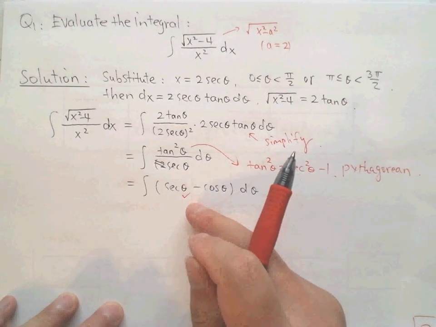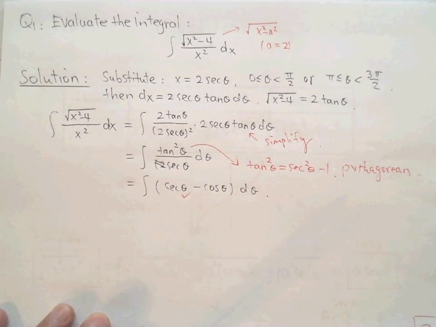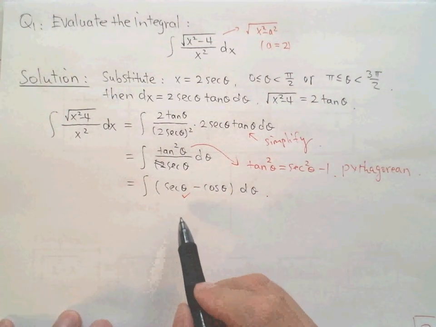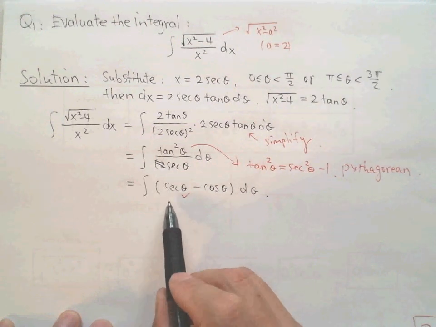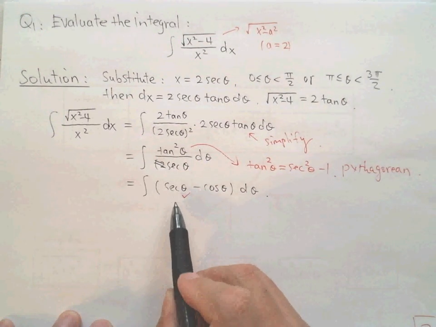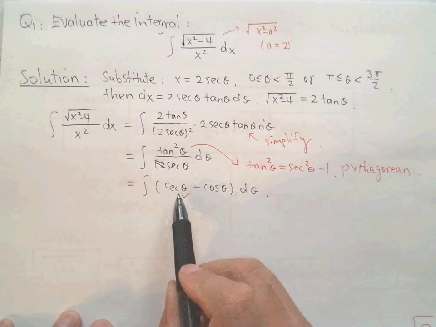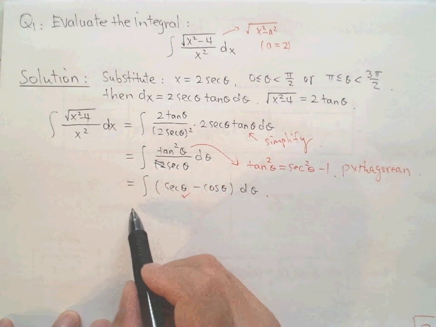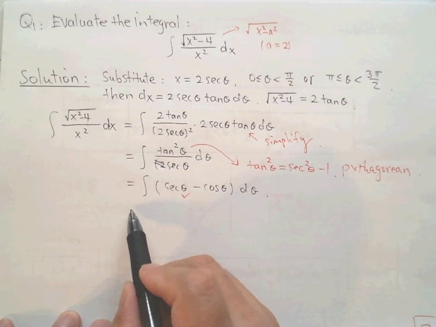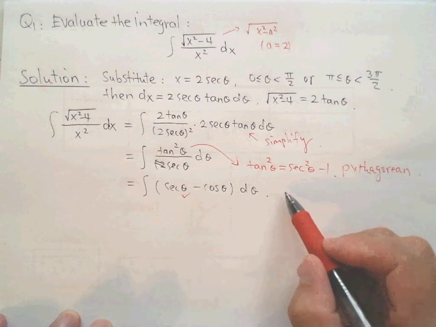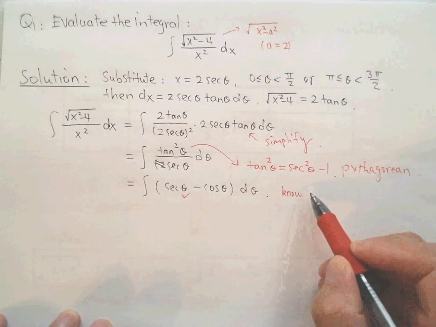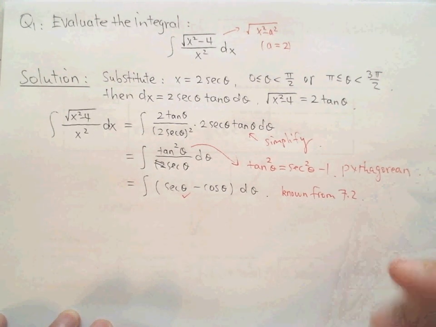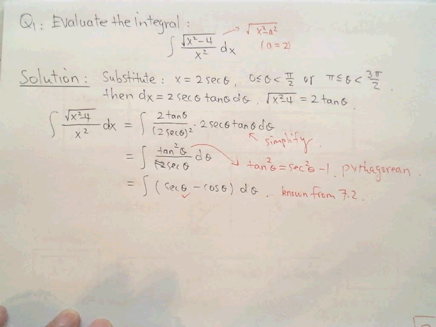And this one we do have a result from 7.2 when we do the substitution method, the integral of trig functions. If we go back, you're going to find this is known from 7.2. I did show you an example before.